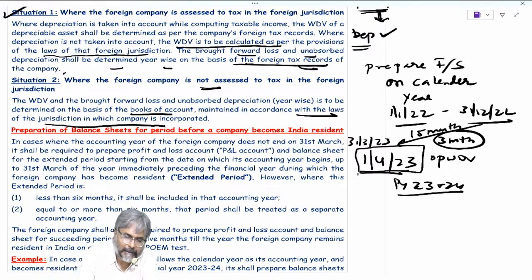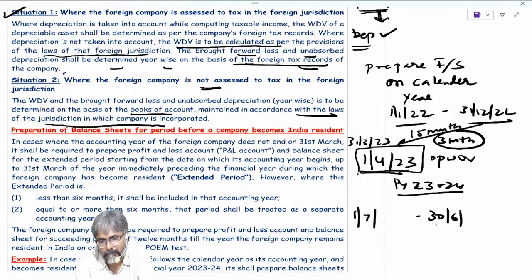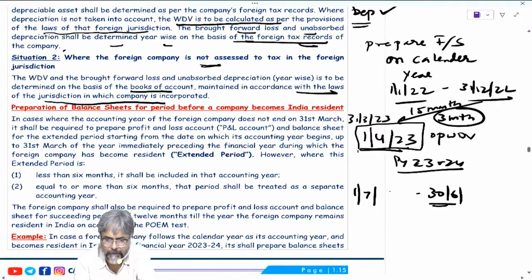Okay. However, let's see. In Japan, they prepare the financial statement from 1st July to 30th of June. In Japan, students, they prepare the financial statement from which to which? From 1st July to 30th of June. Are you aware of that? And if this is how they would have prepared the financial statement, what is the last period for which the financial statement would have been made?